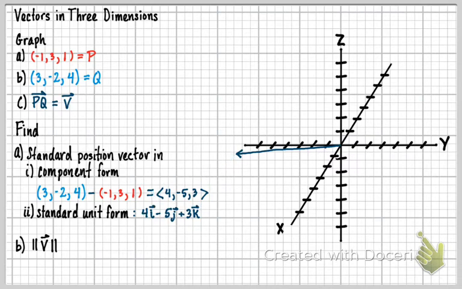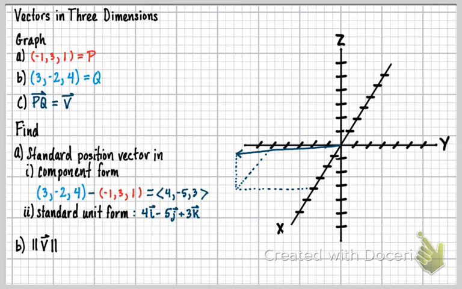Okay, so now I'm just going to draw a box for this. I'm going to start on the positive x, and then I'm going in the direction of negative 5y, and I'm going to bring that up now. And then I'm going to go up 3, which would bring me right to there. Now the reason why I put these all in there is because we're going to talk about this magnitude now. And I want to talk about it geometrically and algebraically.